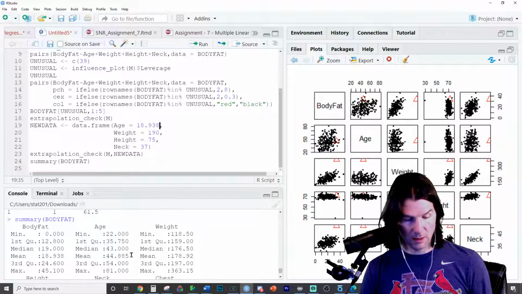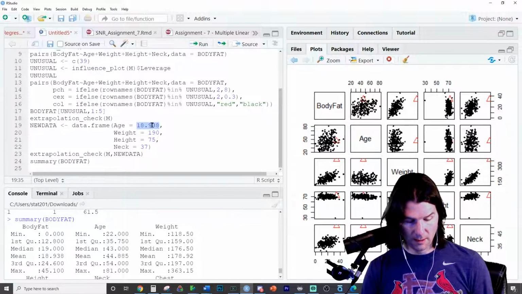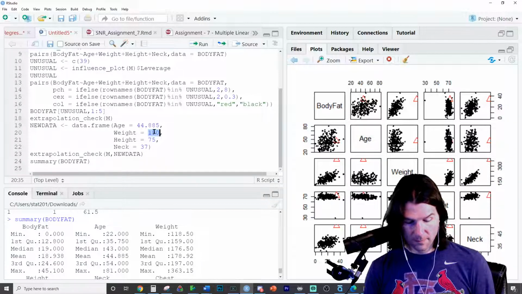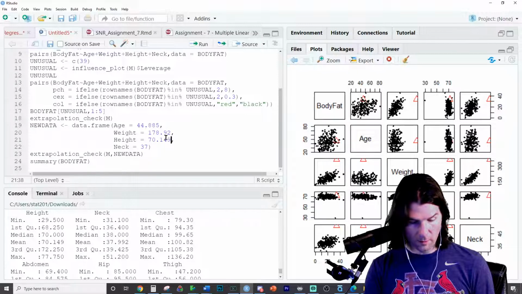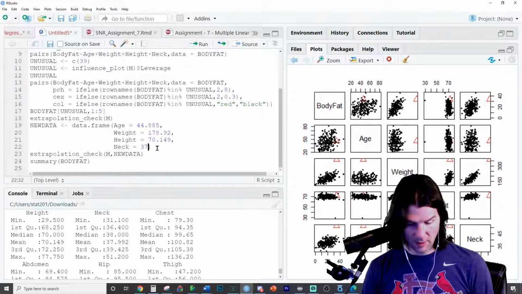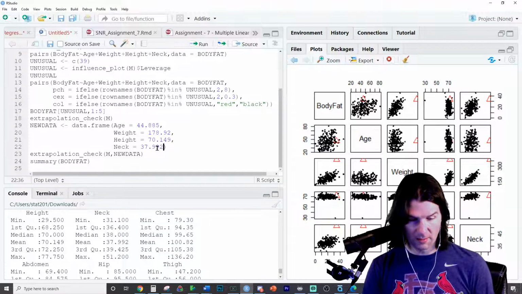Mean age is 44.885. Then mean weight is 178.9, I was kind of close to that. Mean height is 70.149, and mean neck is 37.9. I was kind of close on that; I purposely gave that one.